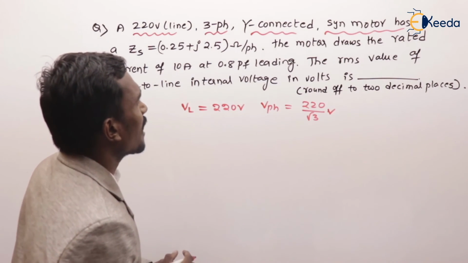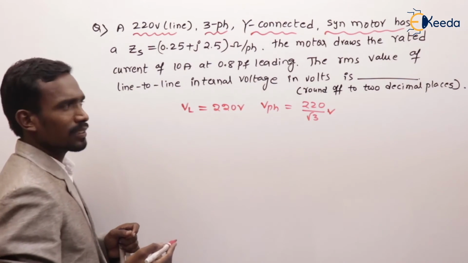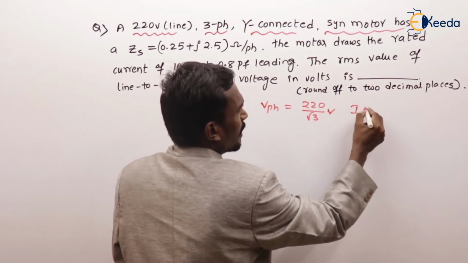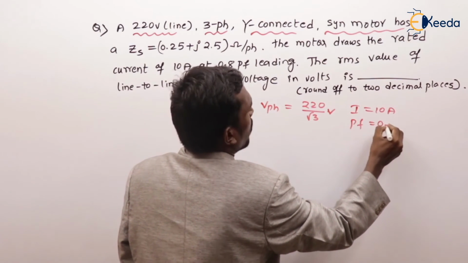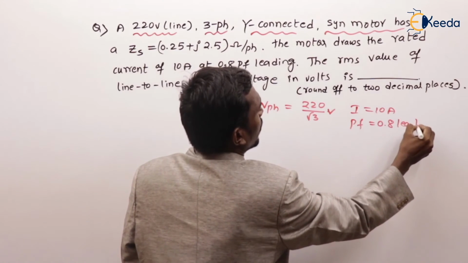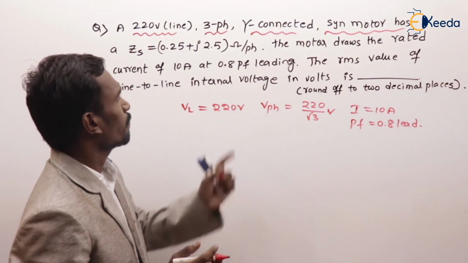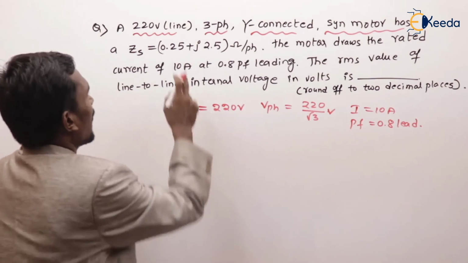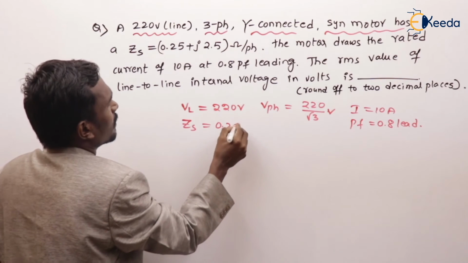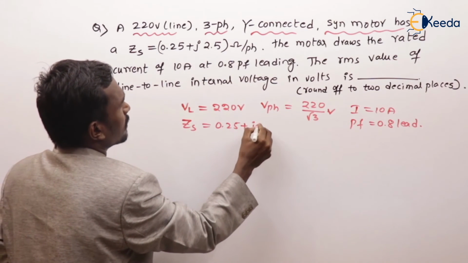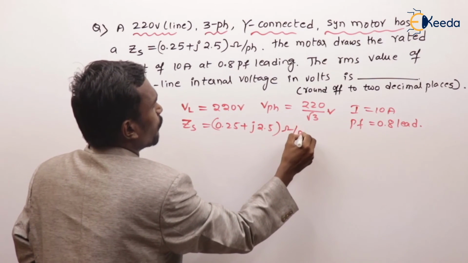The motor draws the rated current of 10 amperes at power factor 0.8 leading, and the synchronous impedance is given directly as 0.25 plus j2.5 ohms per phase.